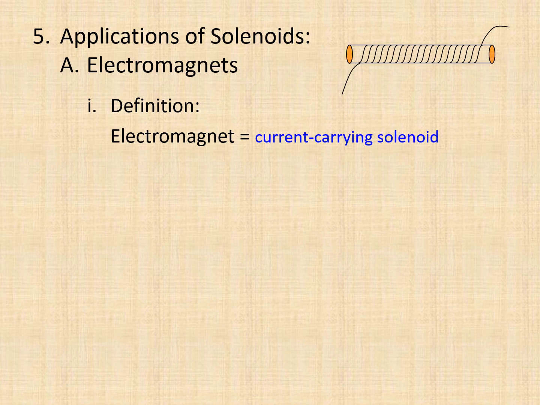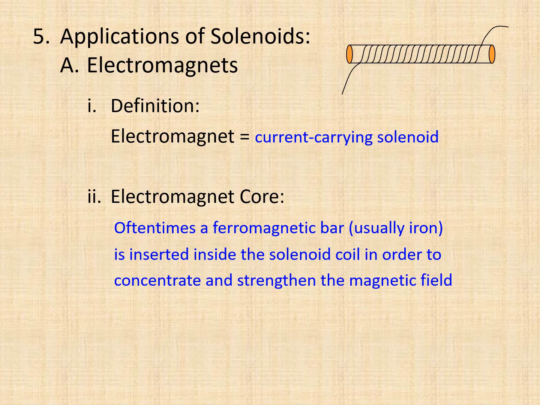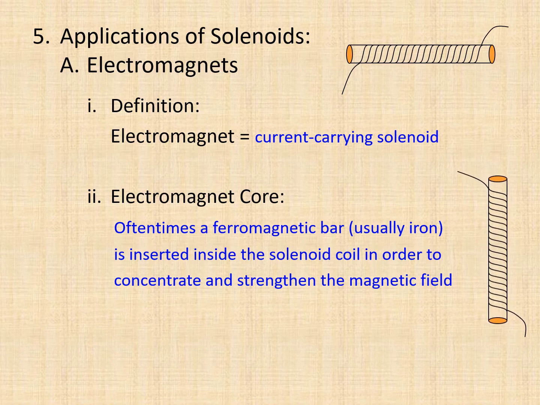An electromagnet is nothing more than a current-carrying solenoid. Oftentimes, a ferromagnetic bar, usually made of iron, is inserted inside of the solenoid coil in order to concentrate and strengthen the magnetic field.